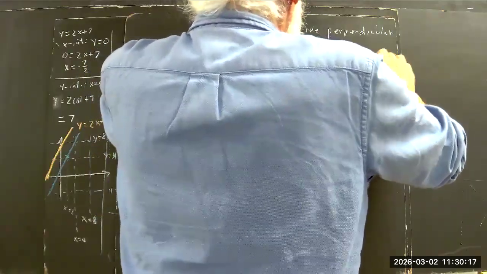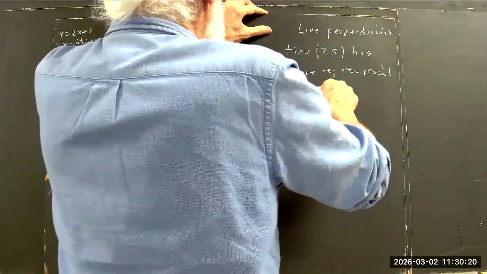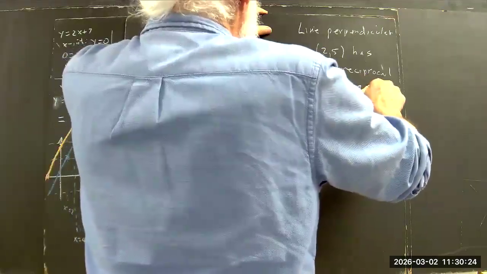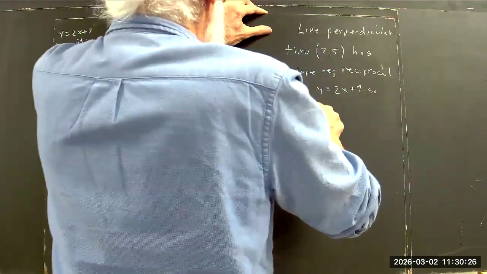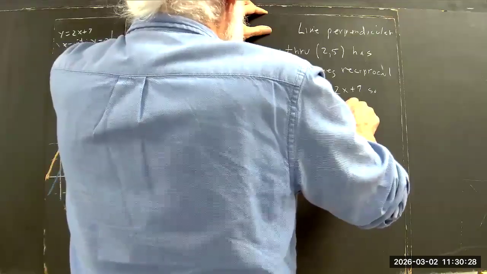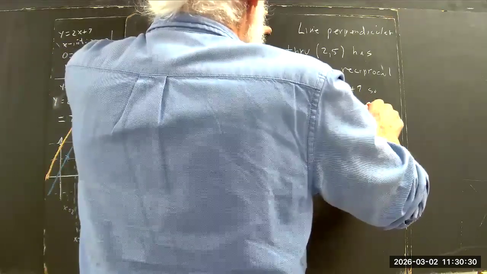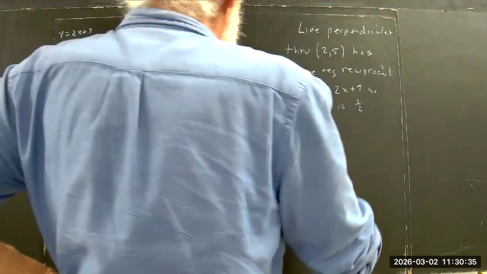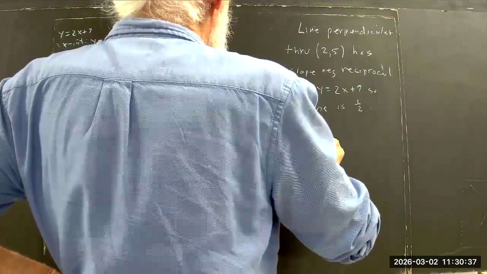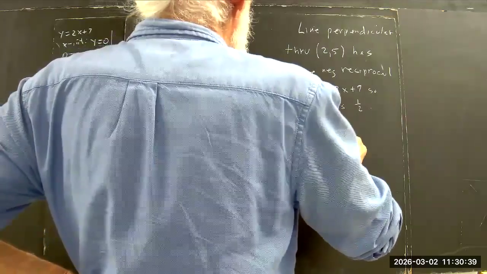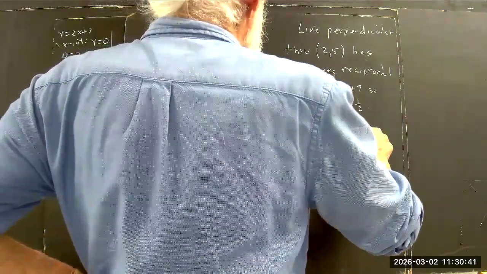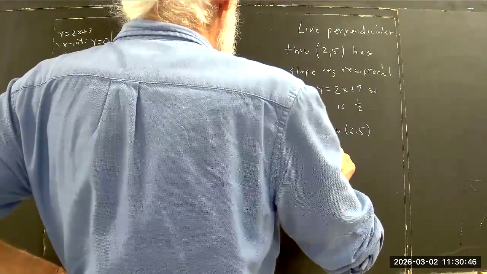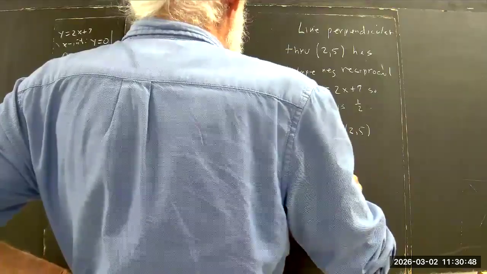Has a slope which is the negative reciprocal of y equals 2x plus 7. So slope is 1/2. Then a line through (2,5) with slope 1/2.